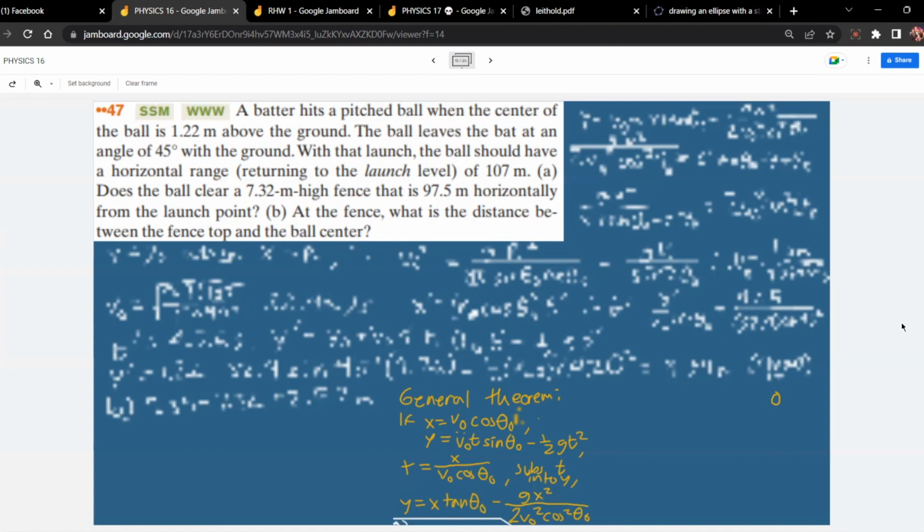V0 square is GR over 2, sine over cosine, sine theta cosine theta. Pwedeng patingin ulit para ma-compare ko. Send ko na lang po yung algebra ko so far.